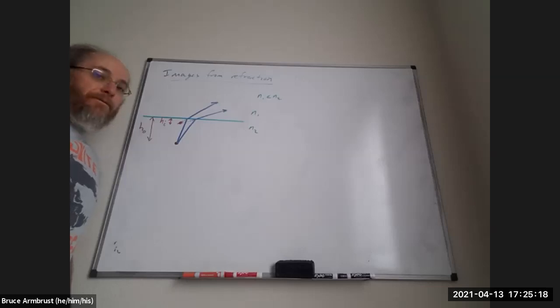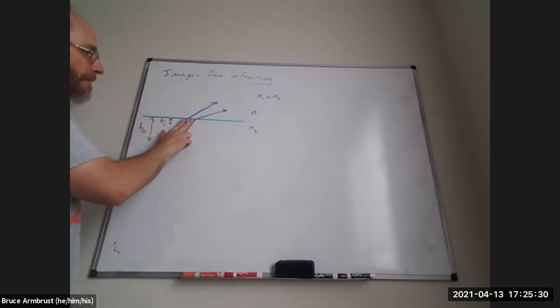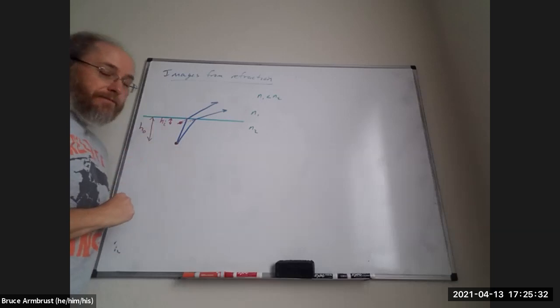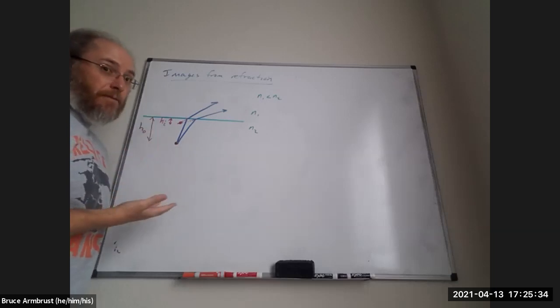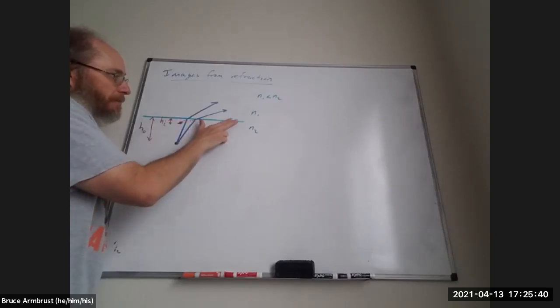Well, firstly, that's a super hard question to answer because it depends on the angles. These two are coming with fairly small angles compared to the perpendicular, but suppose those two rays were coming way over here.